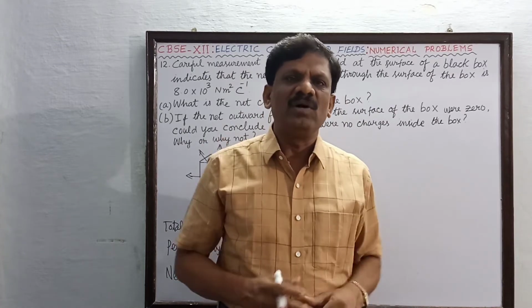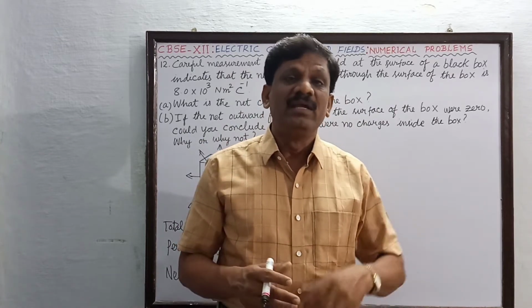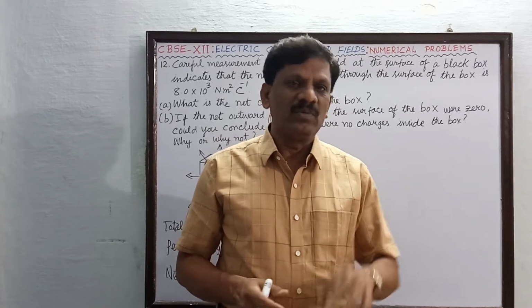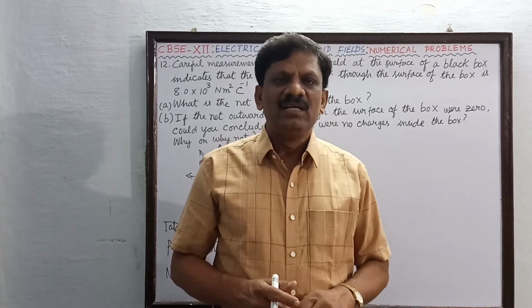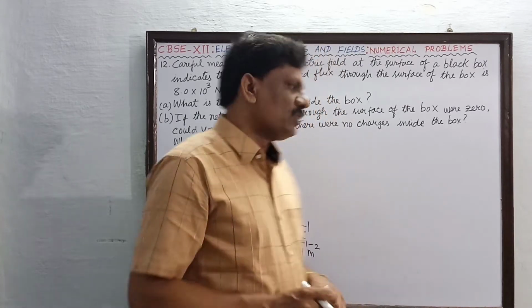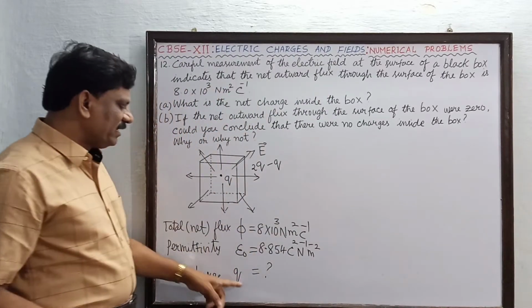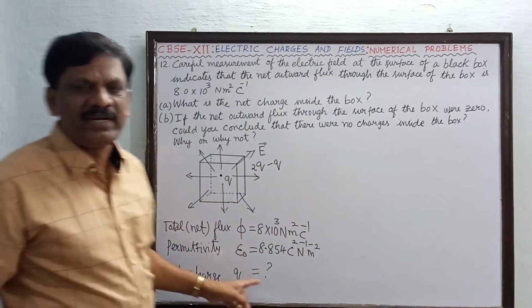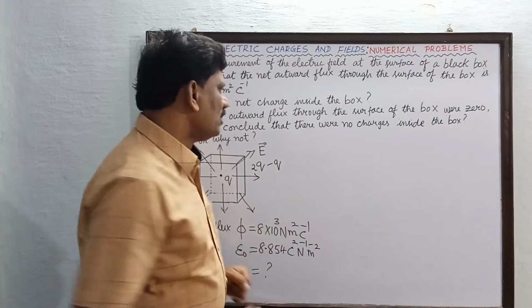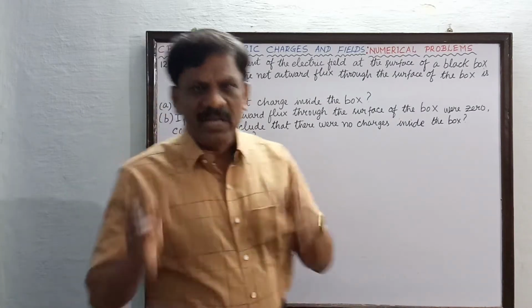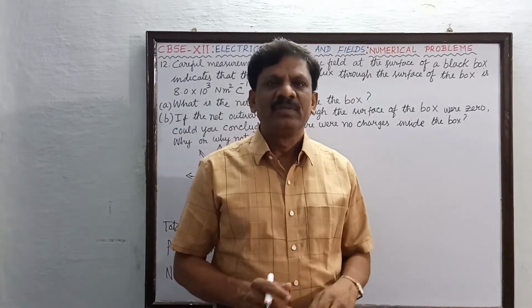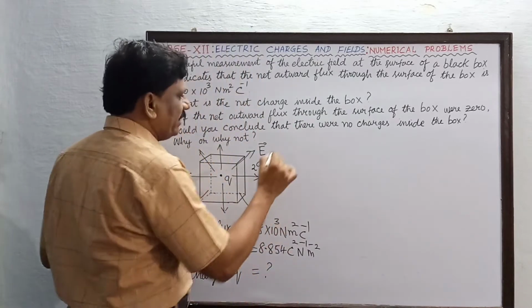So inside the box, we still don't know how many charges are present. Only the net charge we have to find out. So I will take the symbol for the net charge as Q. For this, the law to be used is Gauss law in electrostatics.